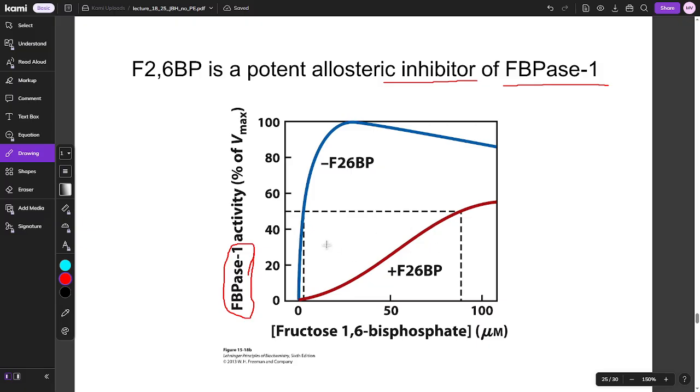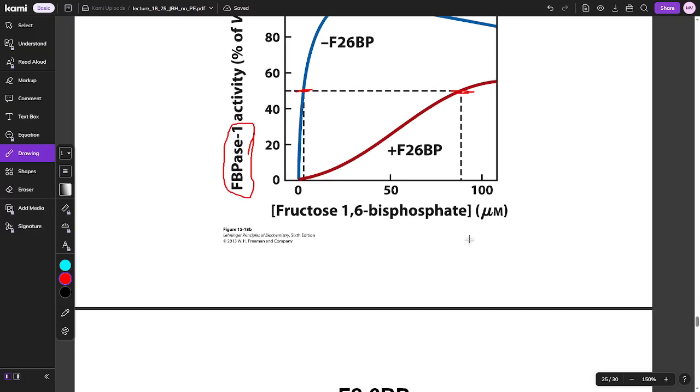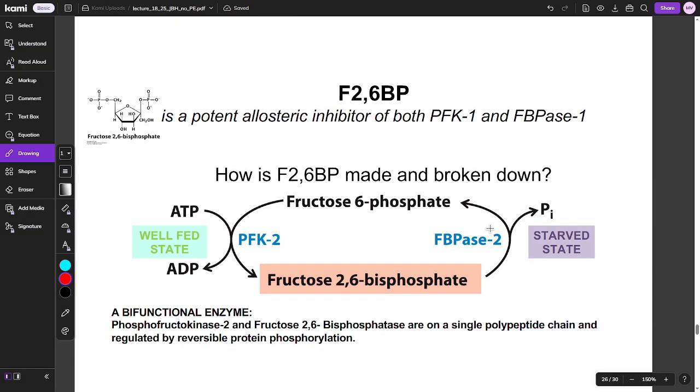If you look at the Km here, without fructose 2,6-bisphosphate, FBPase is very active. But when you add it, it goes way down. It goes from like 0 point something, to like 75 or 90. It's so much larger when fructose 2,6-bisphosphate is added, right? Just goes to show that it's a very important molecule for the regulation of PFK1, right?